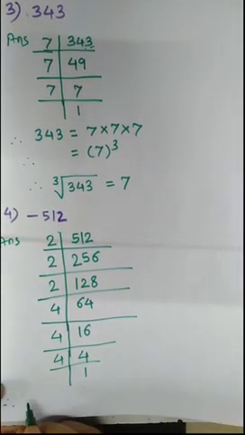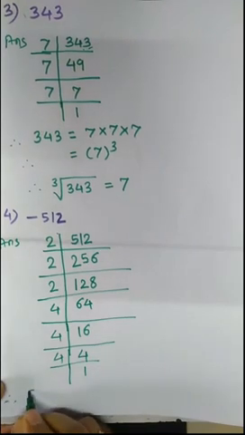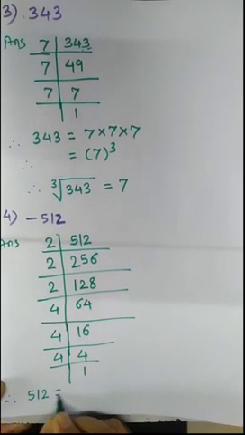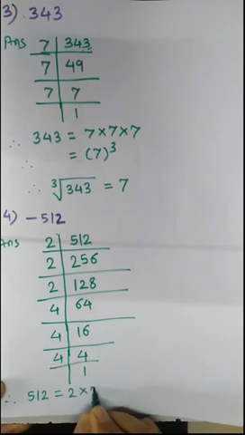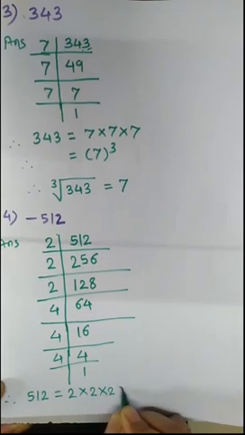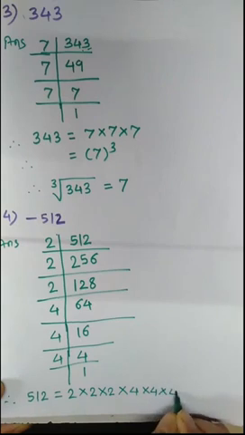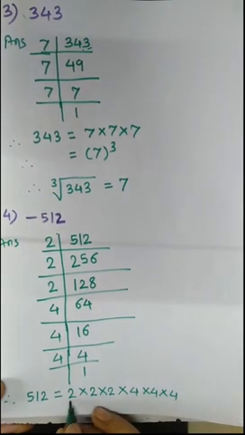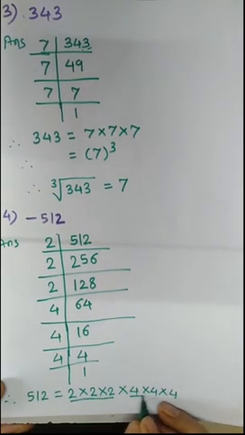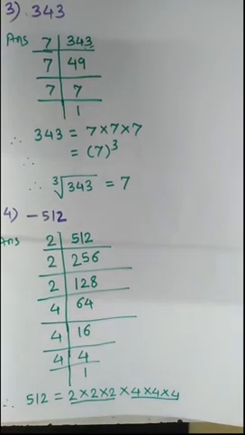Therefore 512 is equal to 2 multiplied by 2 multiplied by 2 multiplied by 4 multiplied by 4 multiplied by 4. Now take the group of 3 numbers.